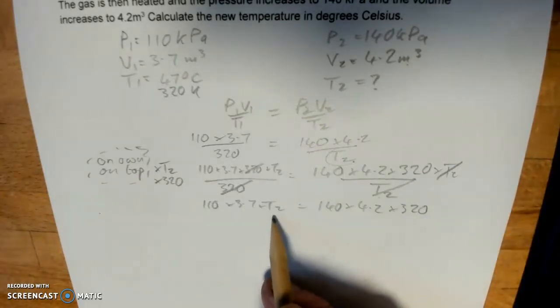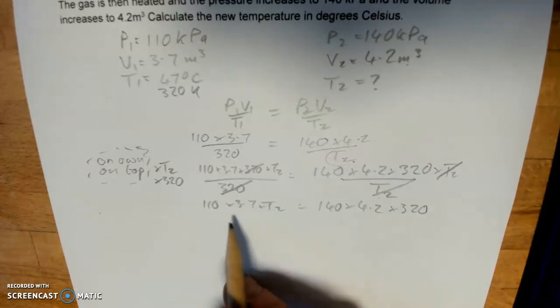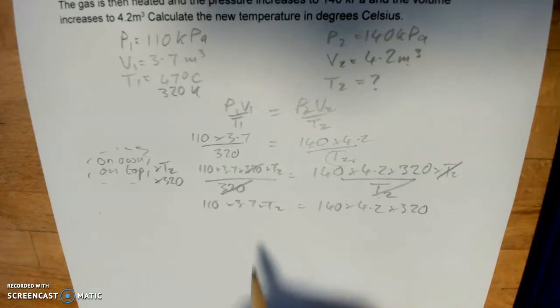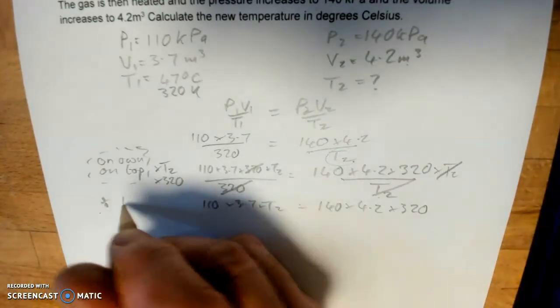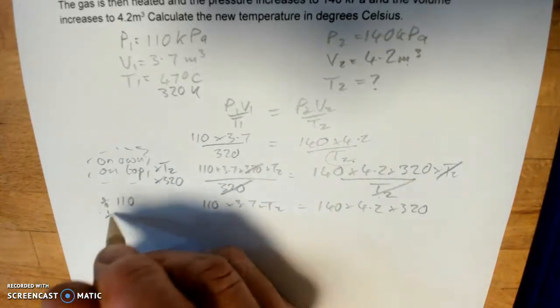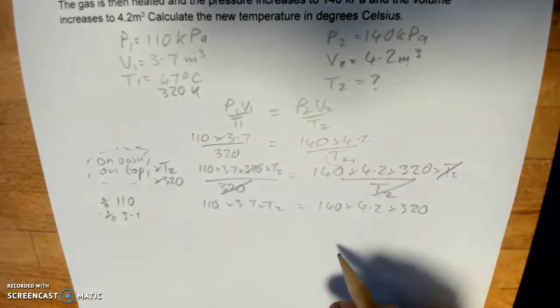Now we want T2 on its own. It's on the top, that's okay, but now we need it on its own. So we're going to divide both sides by 110 and also divide by 3.7.